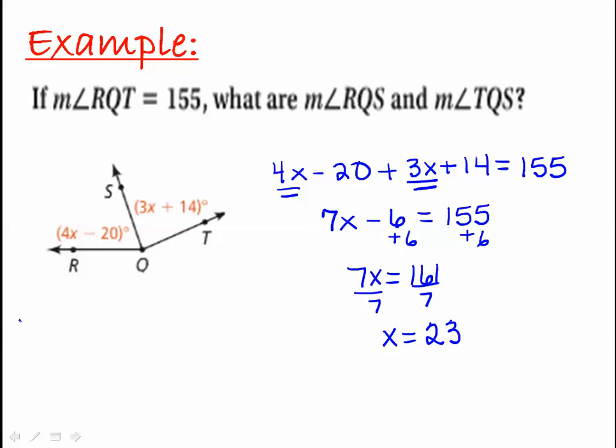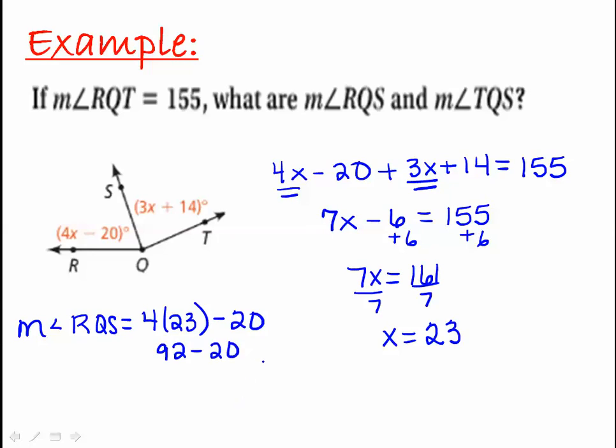So we know that the measure of angle RQS was 4x minus 20. So I'm going to take 4 times my x value and subtract 20. 4 times 23 would be 92 minus 20. So the measure of angle RQS is 72 degrees.